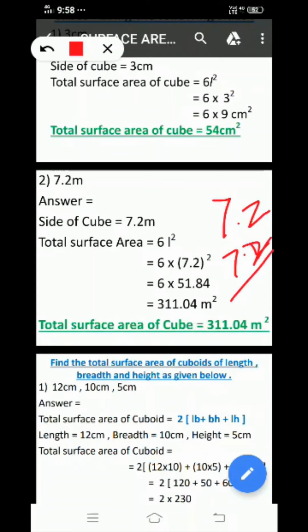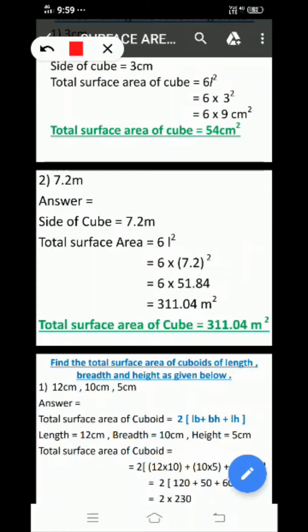Where you have to put the decimal point is very important. After the decimal point here is 1 digit, and in the other 7.2 also there is 1 digit, so the total is 2 digits. After 2 digits there will be a decimal point.